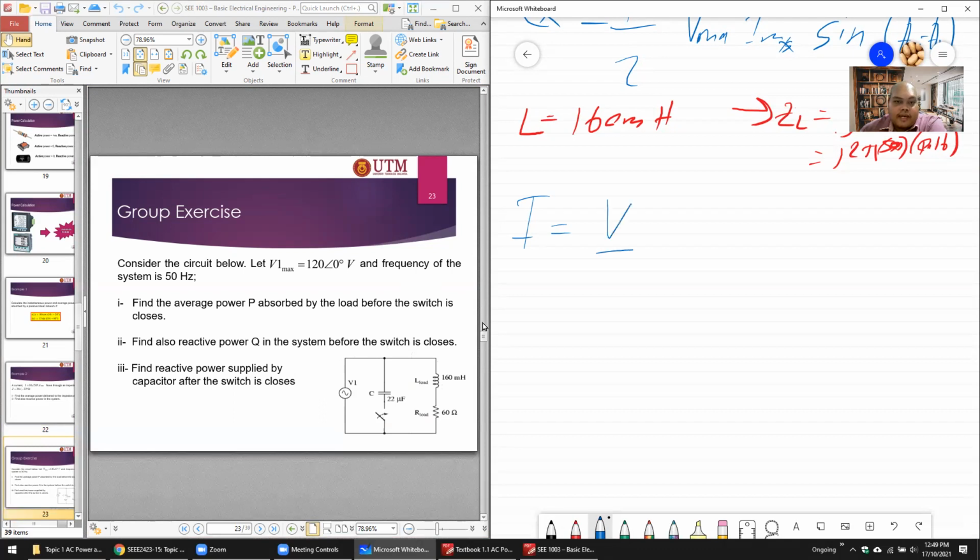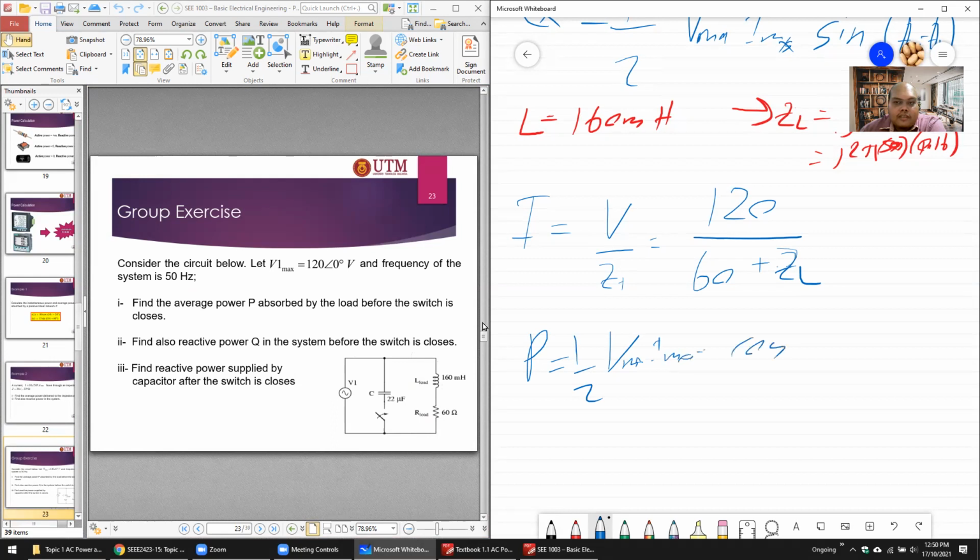So I is V divided by Z total. V is 120 angle 0, just leave it, divided by 60 plus ZL, in series. So you calculate I and then you find P, which is 1/2 V max I max cos of theta V minus theta I.